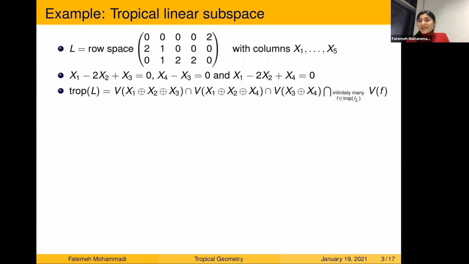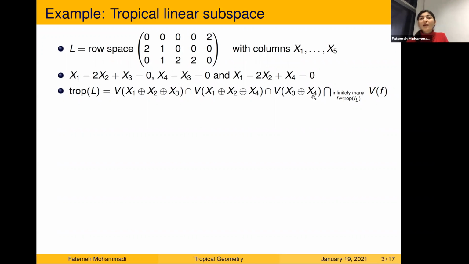Okay, so let's see what the solutions of this variety are. If you remember the definition of the tropical hypersurface, it was the set of all weight vectors W in R5 such that the minimum of each polynomial, when you evaluate it, is attained at least twice. So if I take W in R5 and I want this minimum to be attained twice, I should have W3 equal to W4.